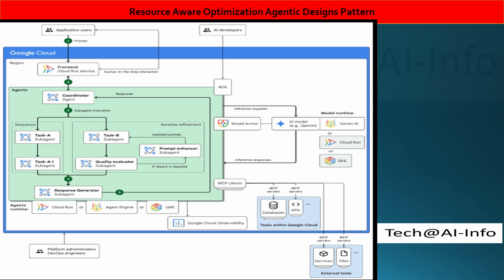Next it goes to the cost-aware planner, where we generate multiple execution plans, and each plan specifies the model choice, tools required, reasoning depth, and estimated cost and latency. Next is the optimizer, which selects the best plan under the constraints, optimizing for cost, time, quality and stability.